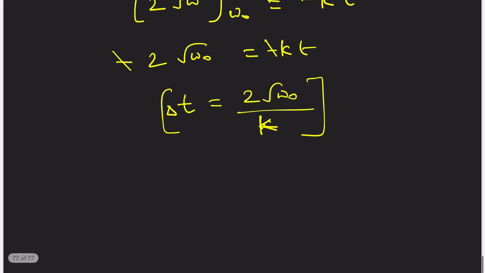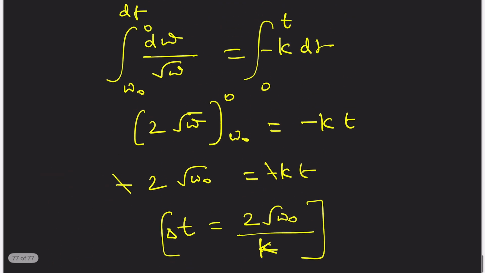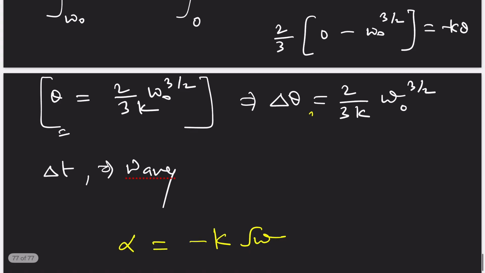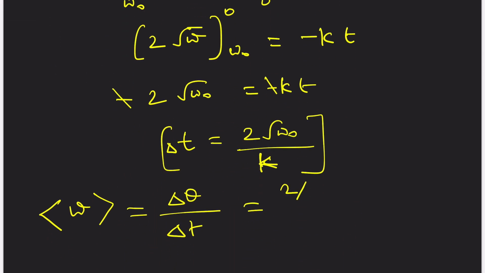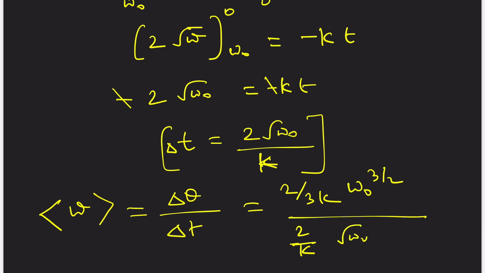Now finding the omega average is very easy. That is delta theta divided by delta t. Delta theta we have calculated as 2 by 3k into omega naught to the power 3 by 2, divided by 2 root omega naught by k.